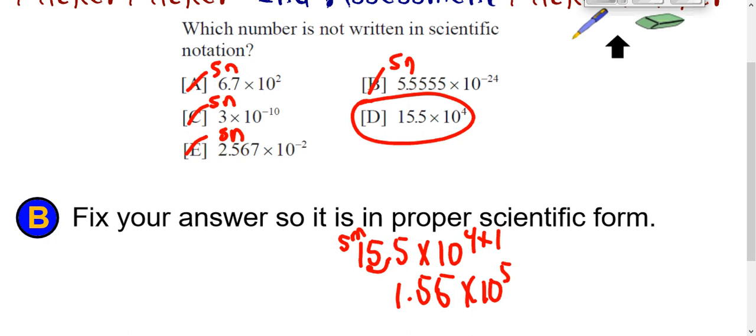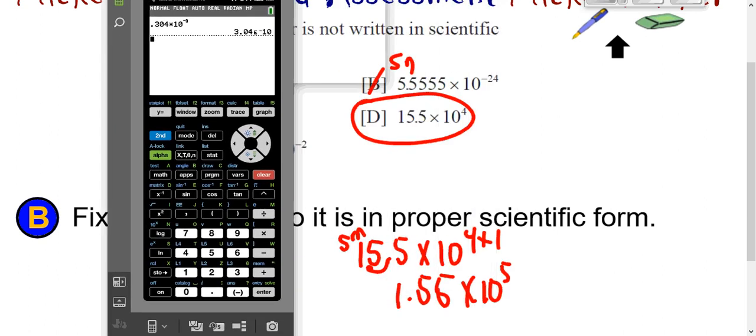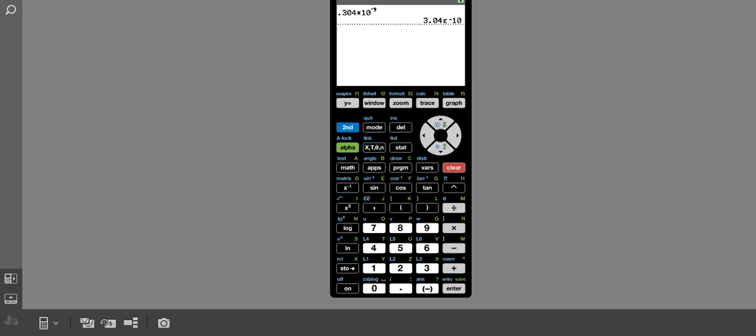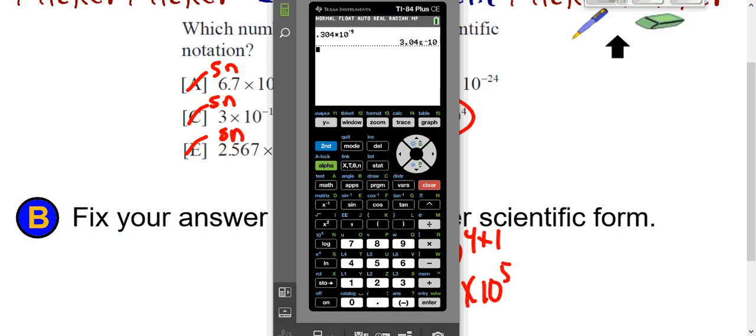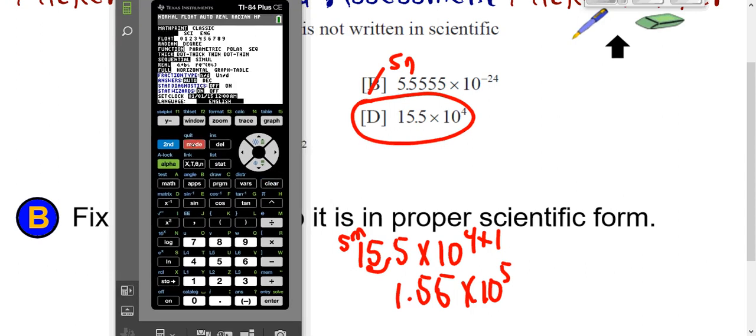So I circled which one is not in scientific notation, then I corrected it on the bottom, and I did it by hand. If you do want to flip up the calculator and do one more, you press clear and then you press mode first and you're in normal mode.